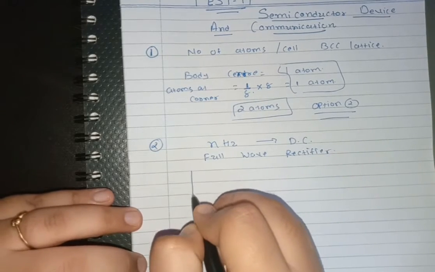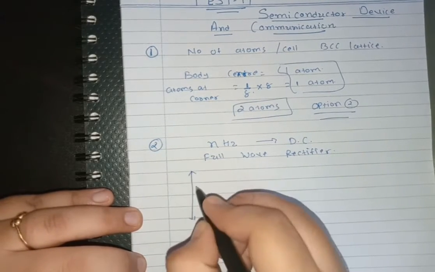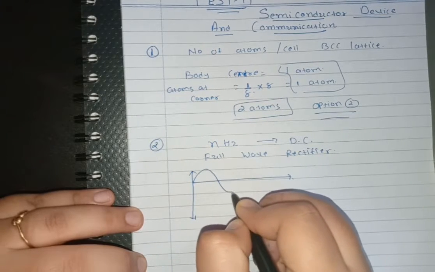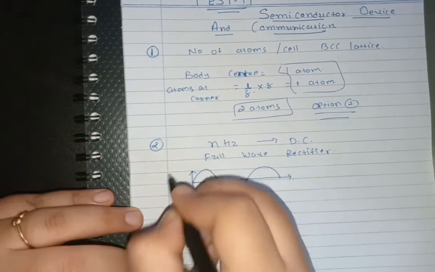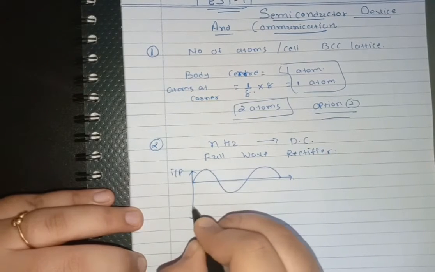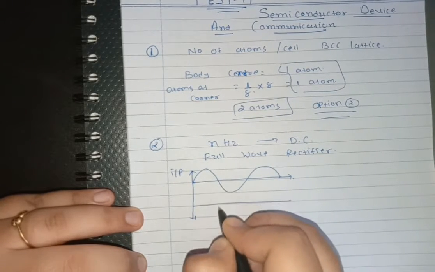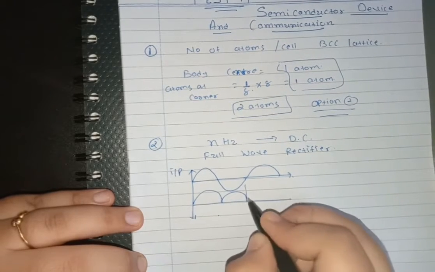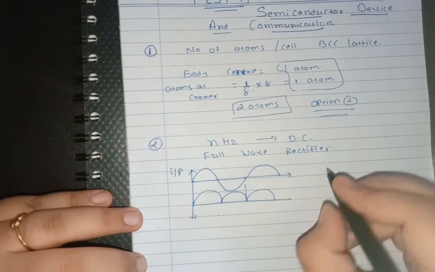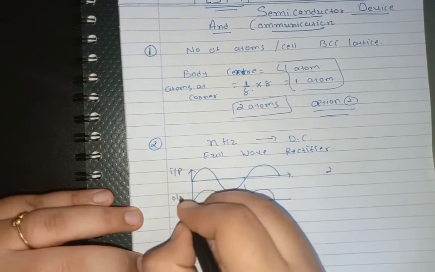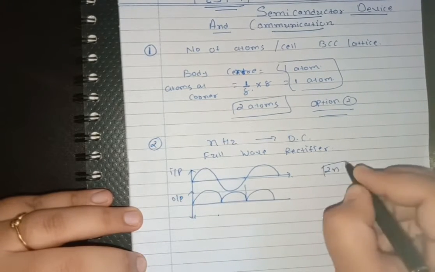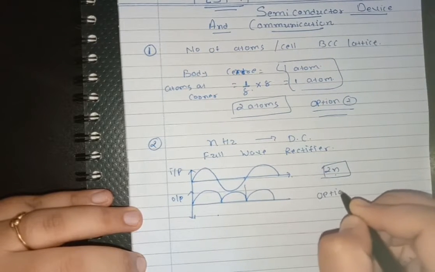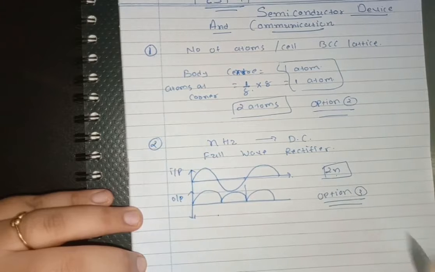So if we draw the waveform of input and output, if this is the input circuit, then this will be the output circuit. So frequency is doubled. So frequency of output will be 2n. So option 3 is correct option.